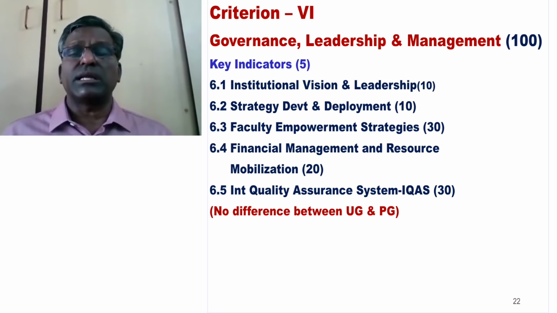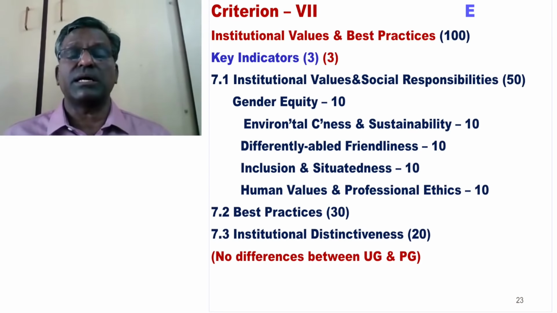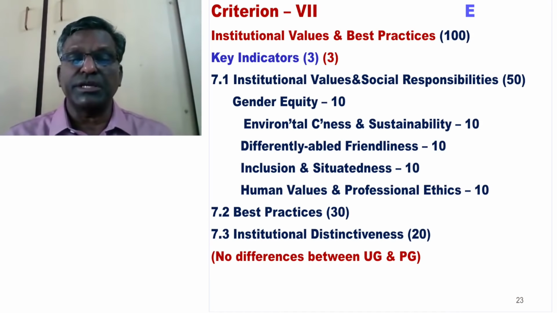We come to the last criterion, and this marks the end of the second unit. The last criterion talks of institutional values and best practices, and the weightage is 100 for all the 4 categories: universities, autonomous colleges, affiliated colleges UG, and affiliated colleges PG. And there are 3 key indicators.